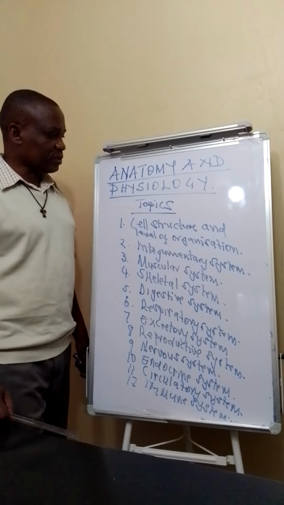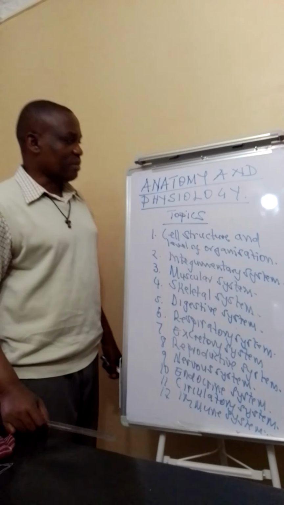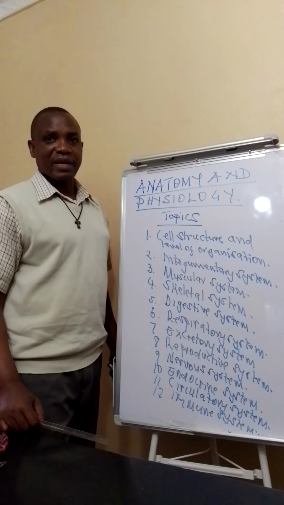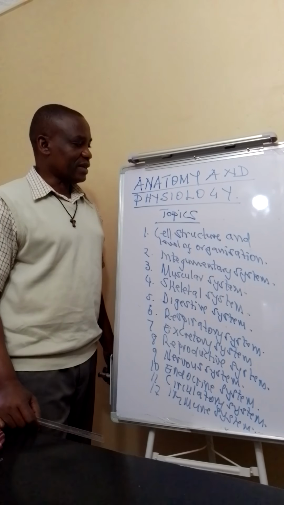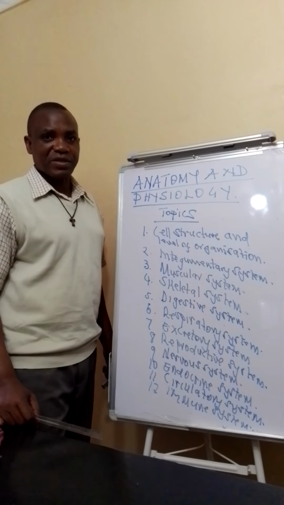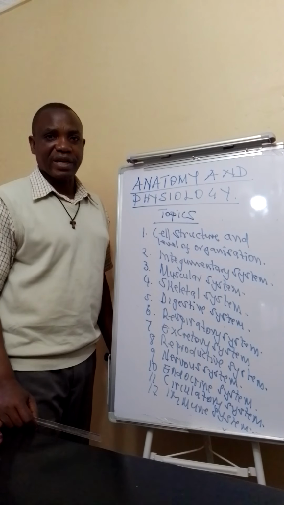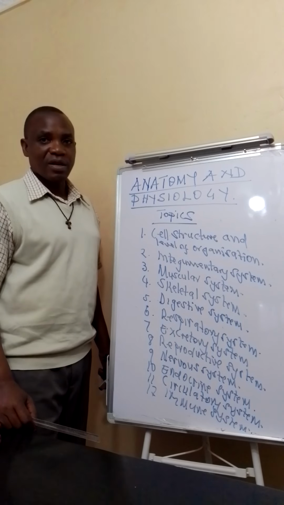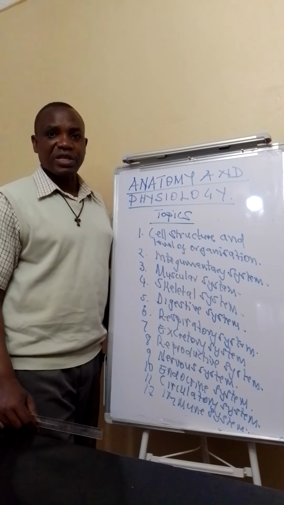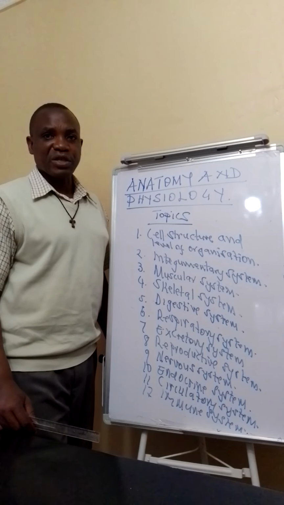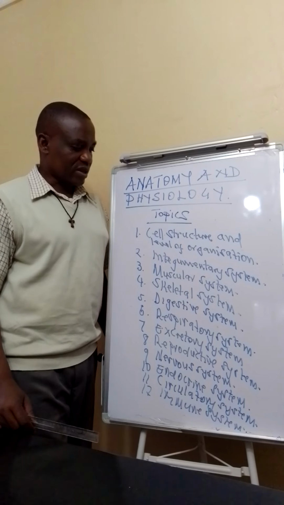Some spot questions. Number 1, explain the meaning of anatomy and physiology, or in other words, define anatomy and physiology. Number 2, explain how anatomy and physiology is related to environmental health.